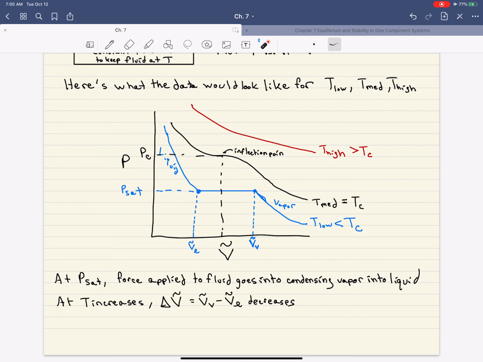Right? But if you're above Tc, you never can see the fluid or the vapor turn into a liquid, right? It just stays as a gas even at all pressures, even if your pressure is really high, okay? And so that's the physical interpretation of what this data looks like.